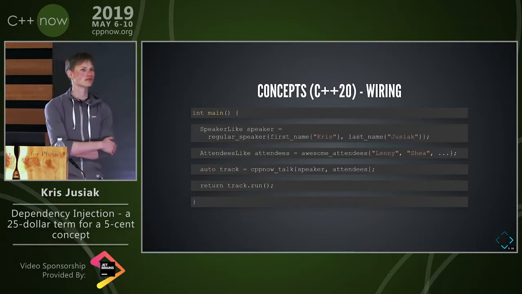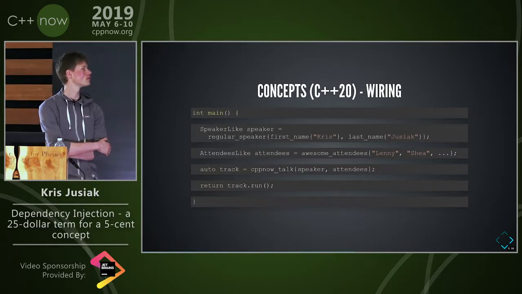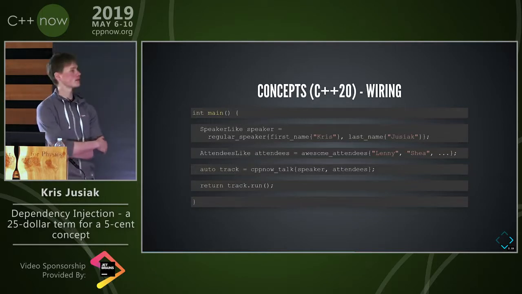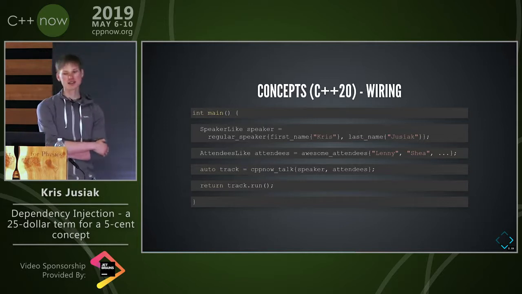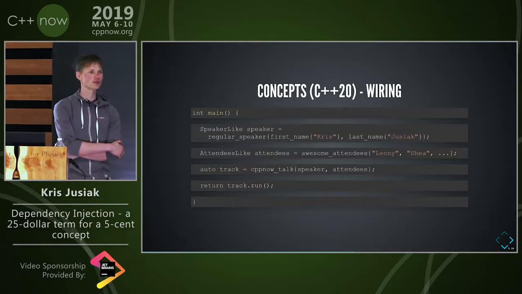Aren't you now creating some coupling here? If you just made auto speaker and auto attendees, the only place where that matters is in CVNow talk. So the question is whether we create some coupling by using concepts here. The speaker-like is anything constrained by the concept, which just requires the talk method.